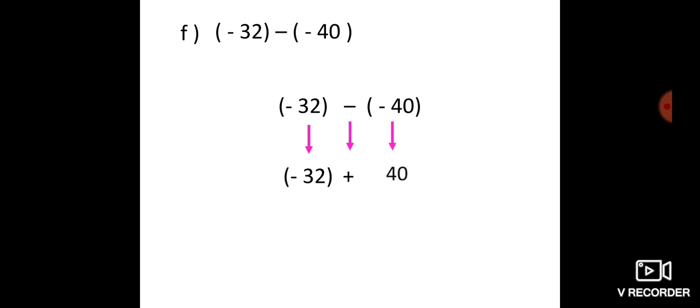This is addition of a negative and a positive number, so we subtract the numbers, that is 40 minus 32, which is 8. Sign of the bigger number: the bigger number is 40, and its sign is positive. So the answer is positive 8.